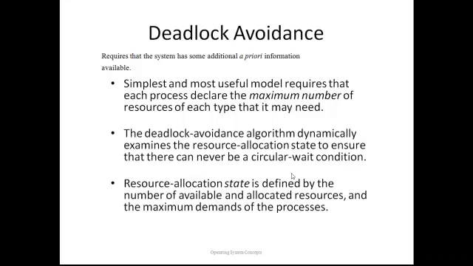Now go to deadlock avoidance. How to avoid deadlock? This requires that the system has some additional prior information available. The simplest and most useful model requires that each process declare the maximum number of resources of each type that it may need.